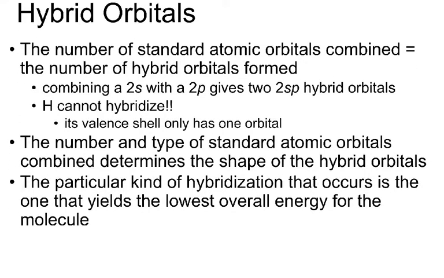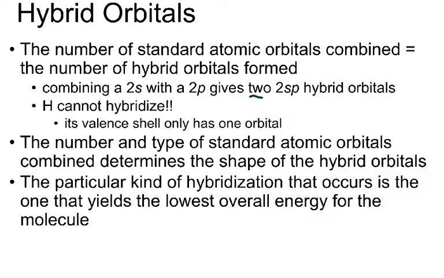To make these hybrid orbitals, all we're going to do is add together how many standard atomic orbitals we're mixing together, and that gets us the number of hybrid orbitals formed. For instance, if we combine a 2s orbital with a 2p orbital, 1 orbital plus 1 orbital gets us 2 2sp hybridized orbitals.